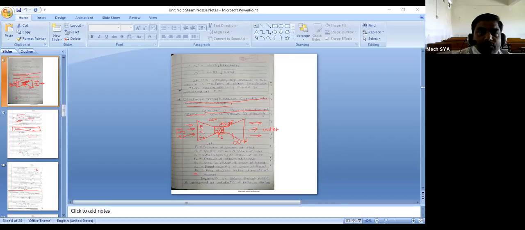Therefore, C2 square minus C1 square divided by 2 is equal to H1 minus H2. But as this is in kilojoule per kg and this is in meter per second, to bring them into one unit we have to convert kilojoule per kg into joule per kg, and for that we multiply by 1000.